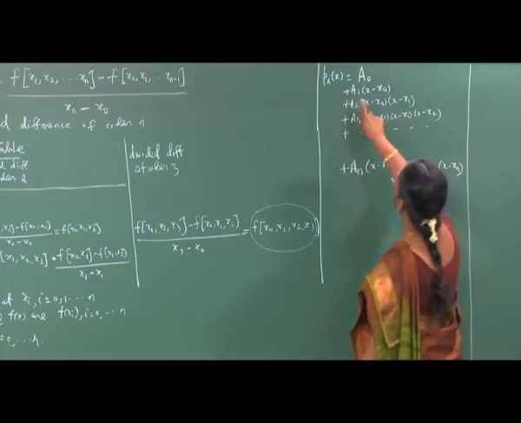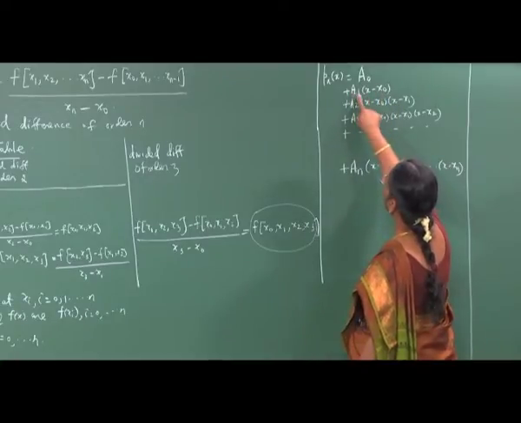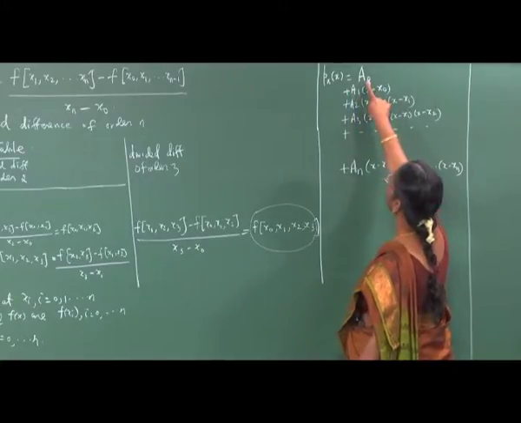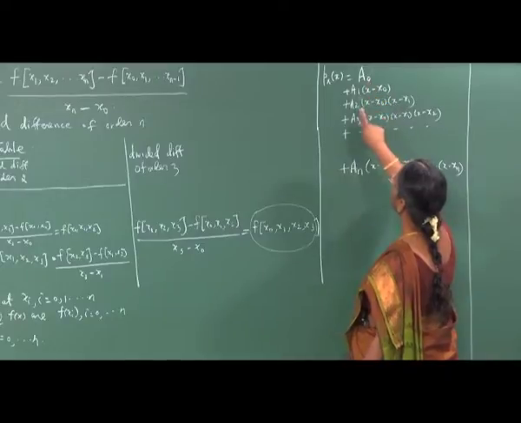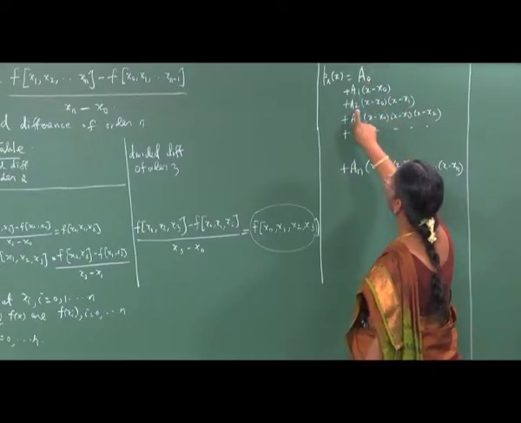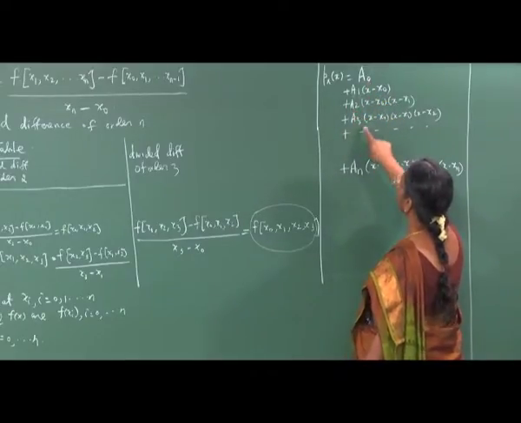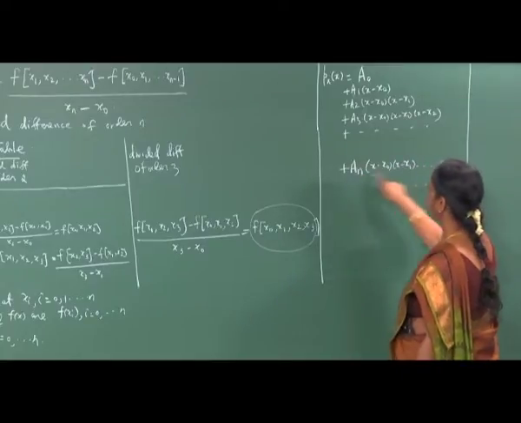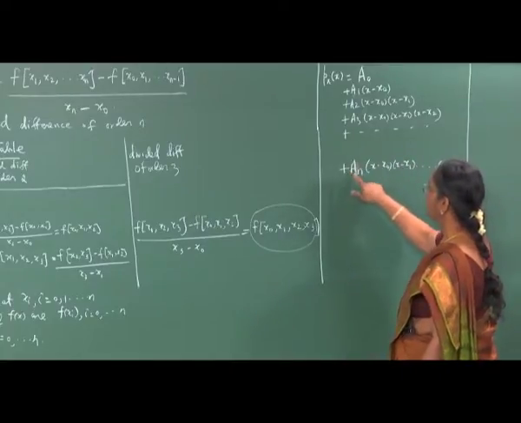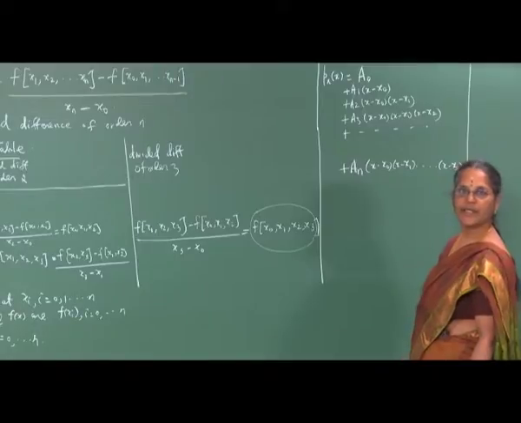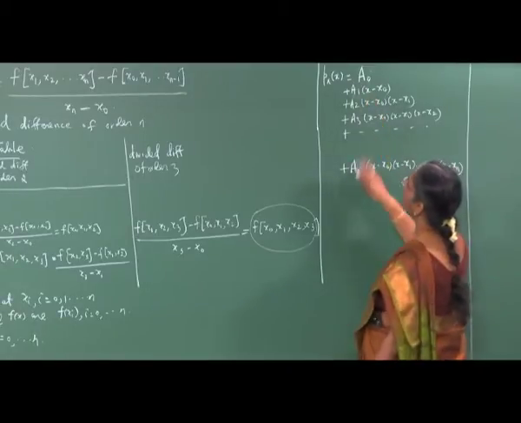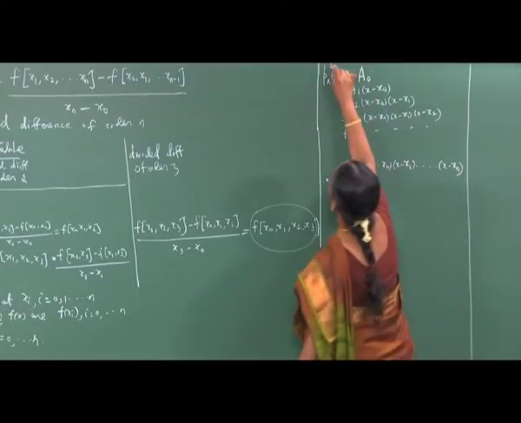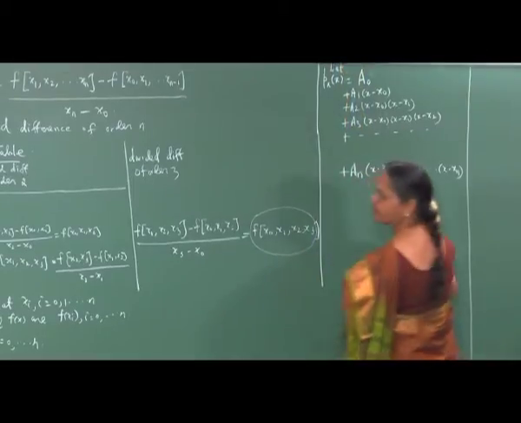So, when it is the second term, the coefficient is a1, first term coefficient is a suffix 0, third term coefficient is a suffix 2 and so on. So, this is the n plus 1th term, so the coefficient is a suffix n. So, we seek a polynomial in this form. So, let Pn of x be this.